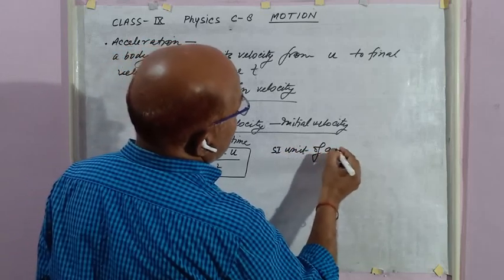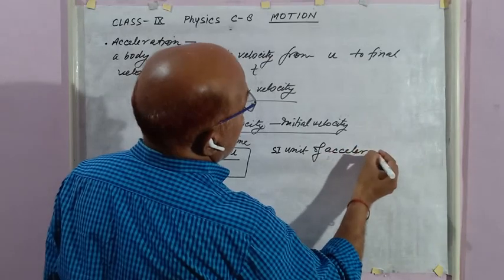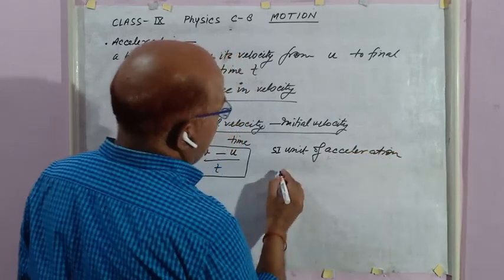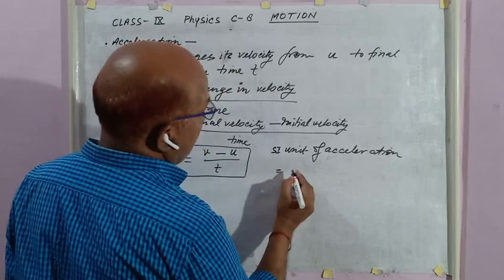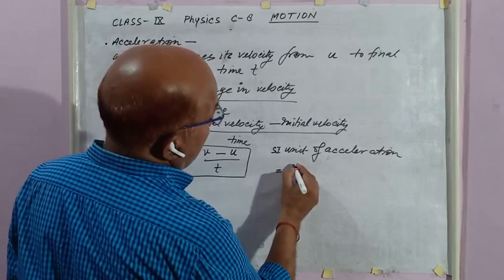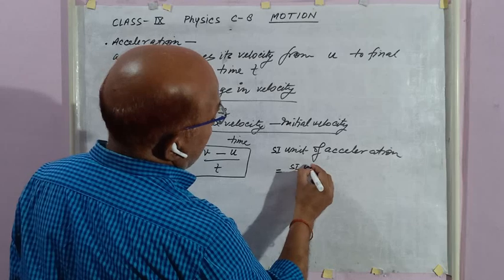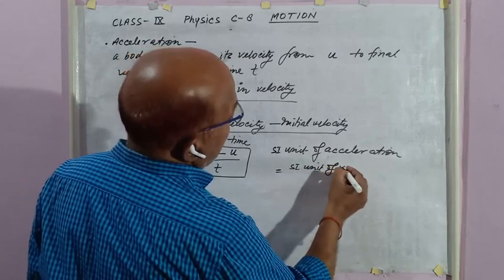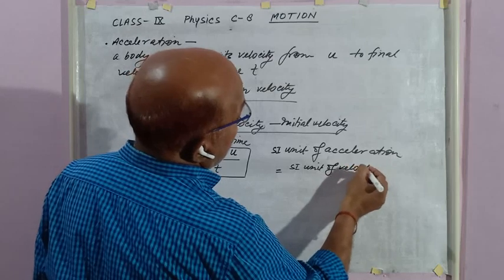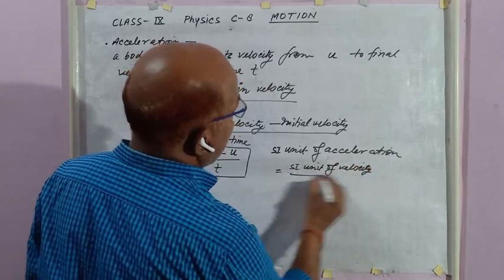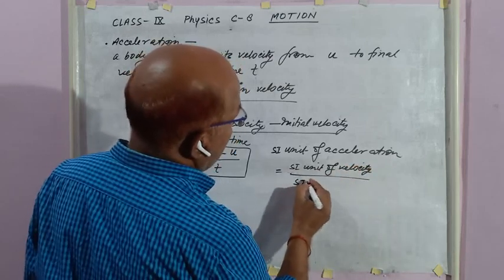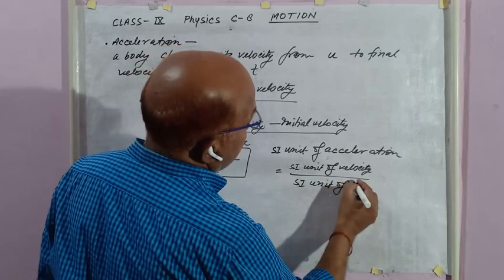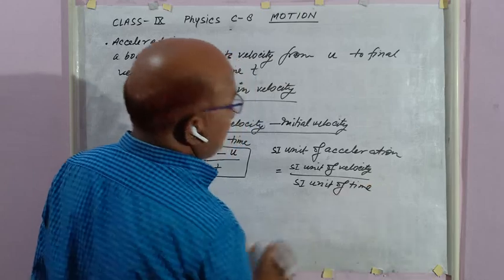Now let us see SI unit of acceleration is equal to SI unit of velocity upon SI unit of time.